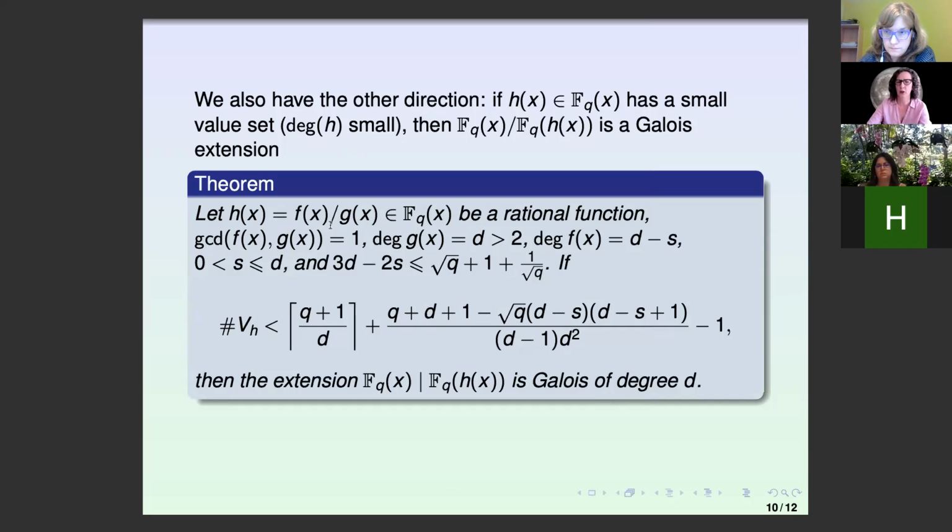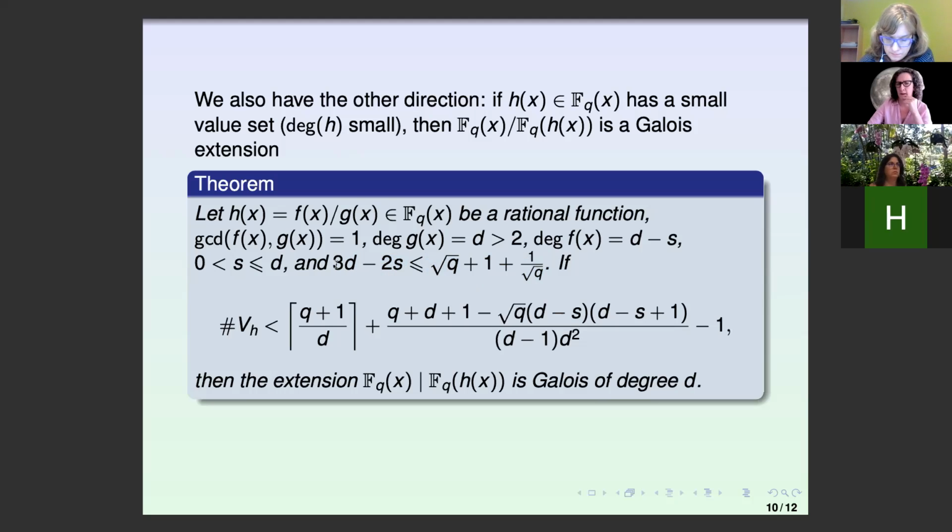The degree of a rational function is measured by the denominator, so you are saying that infinity goes to 0 in your function. Then we give a limitation on the degree: 3d minus 2s is smaller than this number. For example, if q is large, you have more possibilities for d and s.